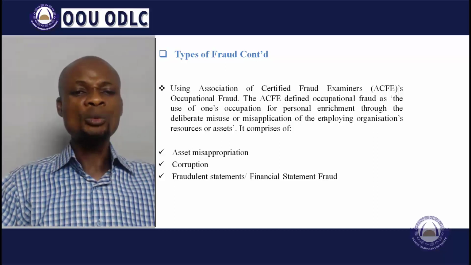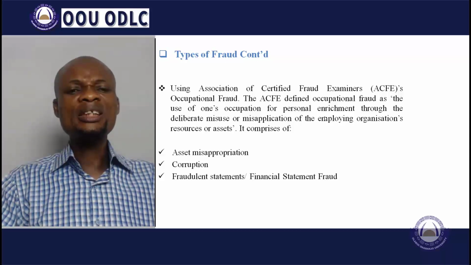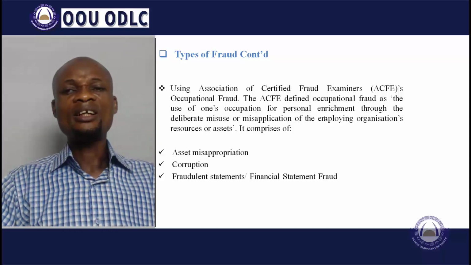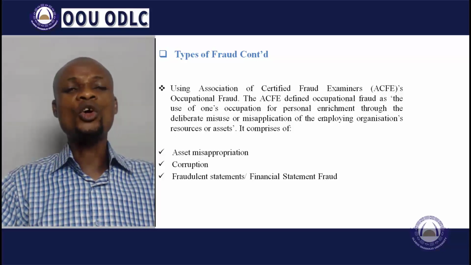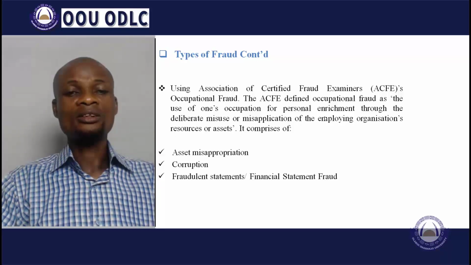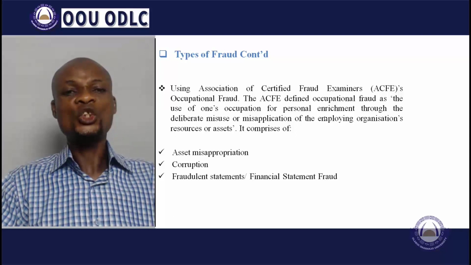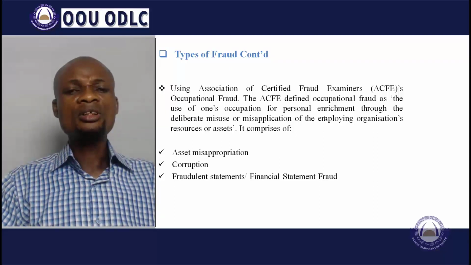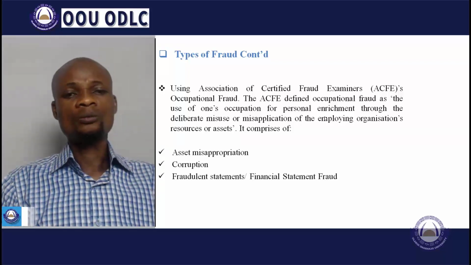The second one is corruption. Corruption is rampant in our society today. If care is not taken, everyone is engaging in one corruption or the other. And you know, corruption is a subset of fraud. Corruption involves taking a bribe before doing your normal job.